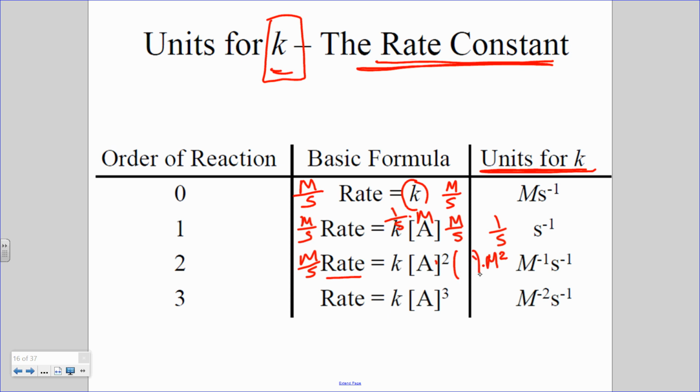Well, first thing I need to do is put in seconds. So I'm going to have seconds in the denominator because I need to get seconds. But I also have molarity squared, and I only want molarity once. So instead of having molarity up here, like I did up here on zero order, I'm going to have molarity times seconds in the denominator. So let me write that a little bit bigger.